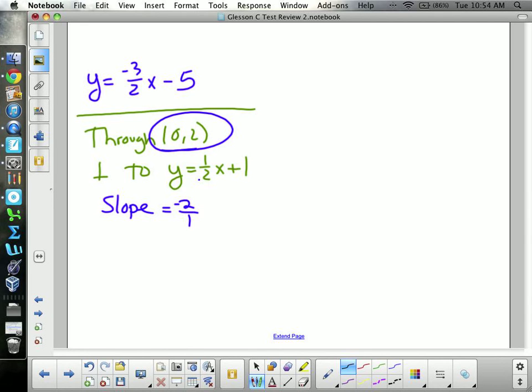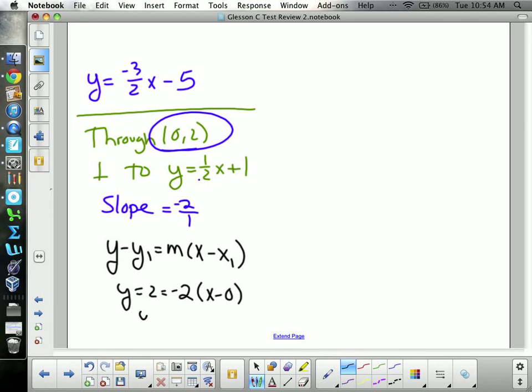So we go into our point-slope form. y minus y1 equals m times x minus x1. Put my slope in as negative 2. This is y minus 2 equals negative 2, x minus 0. So y is supposed to be minus 2, not equals 2.